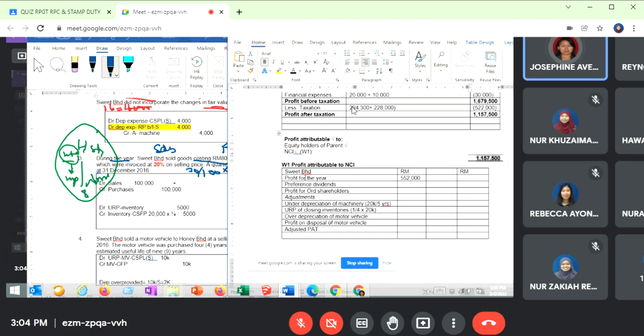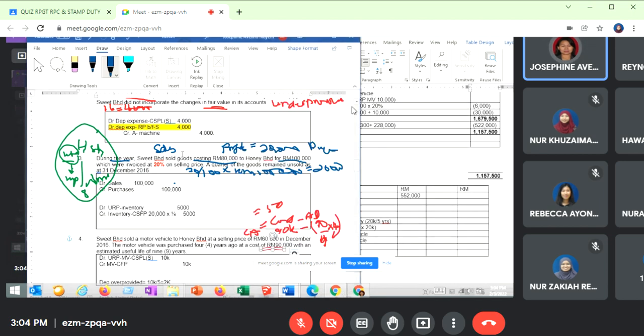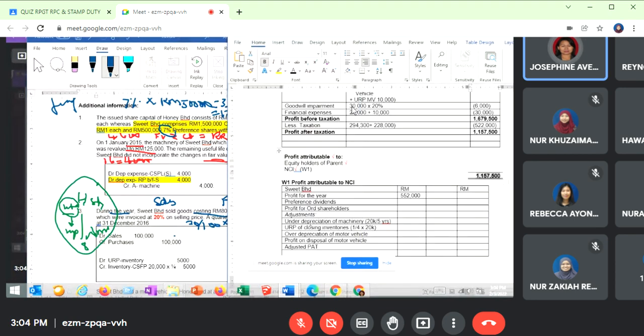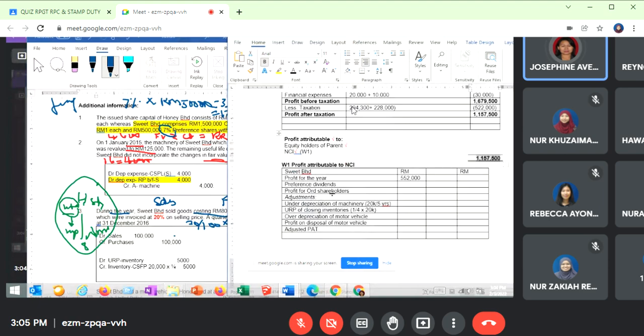So NCI share in the profit after tax of Sweet. Do we need to adjust the profit after tax of Sweet? Yes, there are a few adjustments because Sweet has been making sales, and there is also a revaluation of Sweet's machinery during that year. So there are a few adjustments: depreciation on machine, depreciation on motor vehicles, unrealized profit on the vehicles, and also on the inventories.